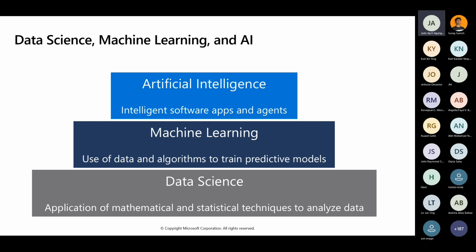We try to understand the relationship of this data to each other and predict the outcome. In artificial intelligence, we are making intelligent software apps and agents, but all of this is done by us human beings. So these are their differences.